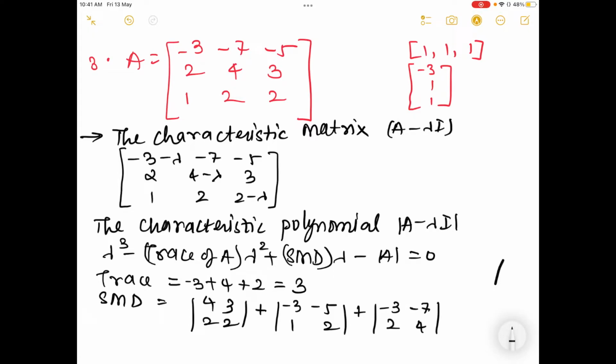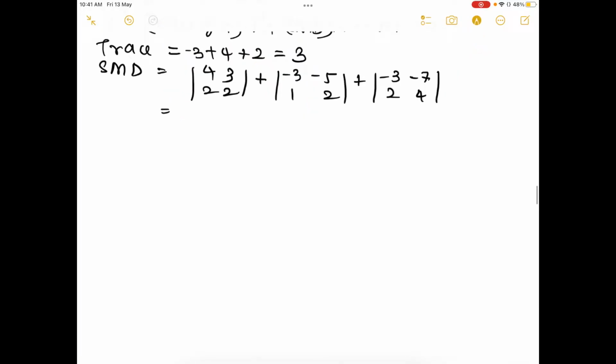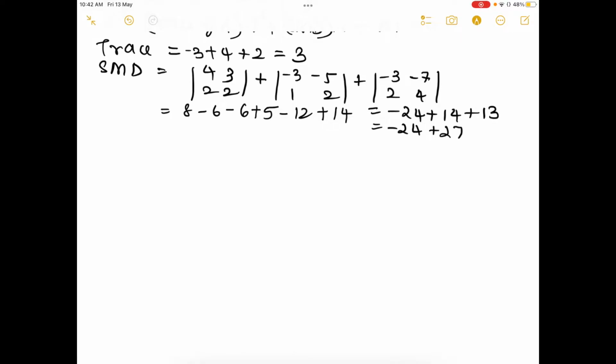So the solution for this will be 4 2s are 8 minus 6, plus -6 plus 5, plus -12 plus 14, which will give us -12 minus 24 plus 14 plus 13. So this will be -24 plus 27, which will give us a 3.